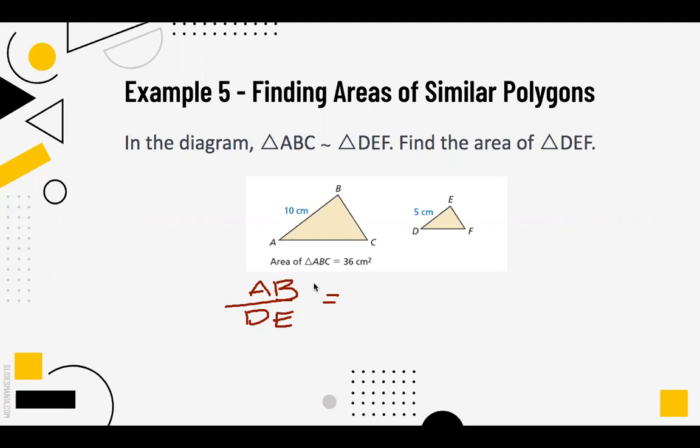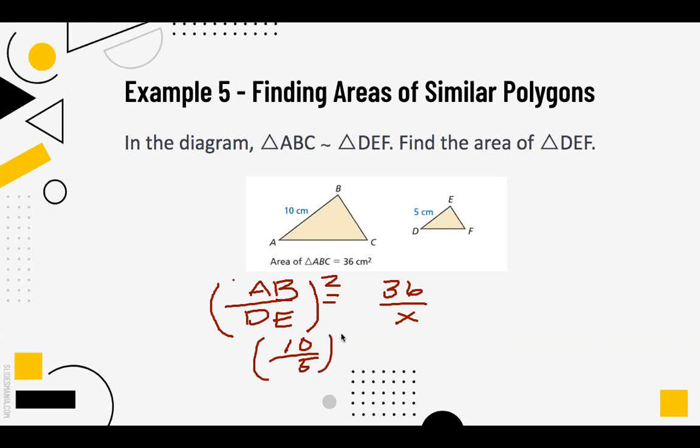And I can compare those two squared to the area, which the area for the one on the left is 36, and I don't know the area of the one on the right. So AB is equal to 10. DE is equal to 5.